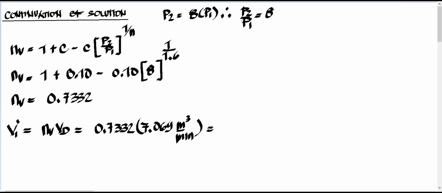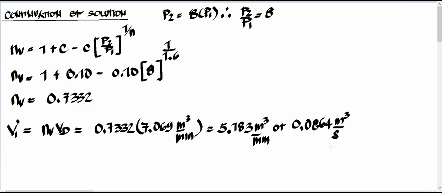Multiplying that, we have the product of 5.183 cubic meter per minute, or we can express this as 0.08864 in terms of cubic meter per second.